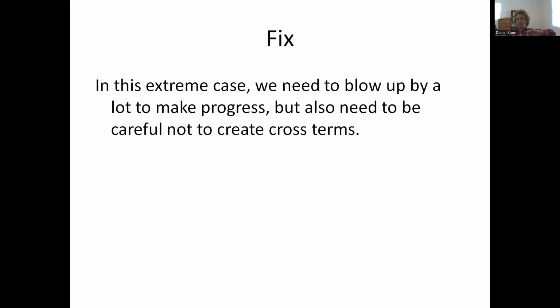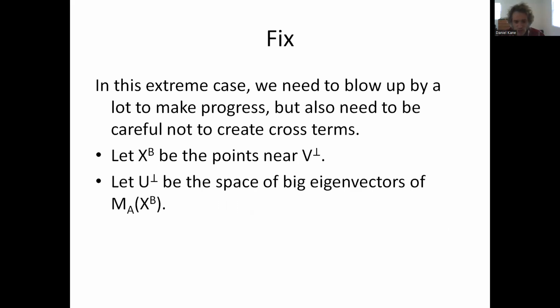Okay, but backing off, suppose that we're in the extreme case where beta is very, very small, but not 0. In order to make substantial progress, we need to blow things up by a lot. But the problem is that if we just naively blow them up around V perp, we'll create lots of cross terms, and that will quickly swamp any improvement that we're making. So we need to be very careful about where we blow. The way we're going to do this is to reparameterize things a little bit.